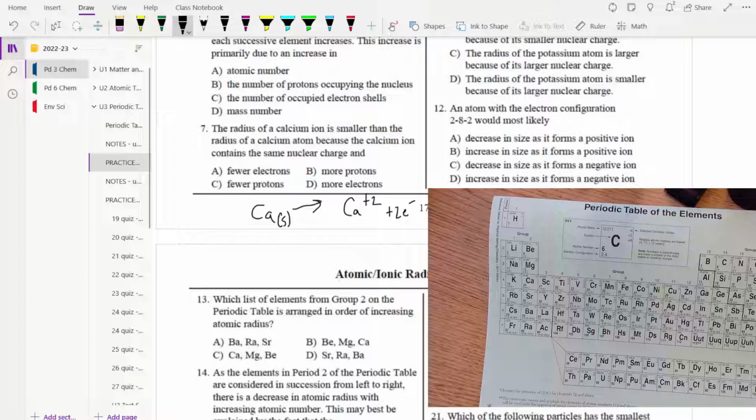It loses its outer shell, which normally has 4 levels, 1, 2, 3, 4, and it becomes a lot smaller. The thing we want to look at here is that it has fewer electrons, because it lost the 2 electrons that would be on the outer shell.